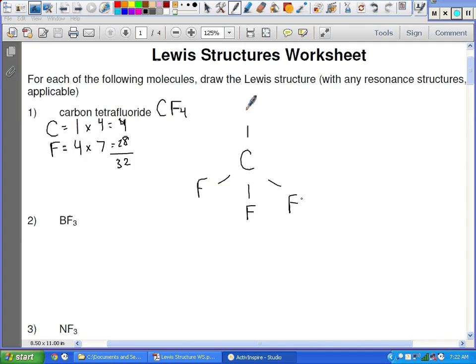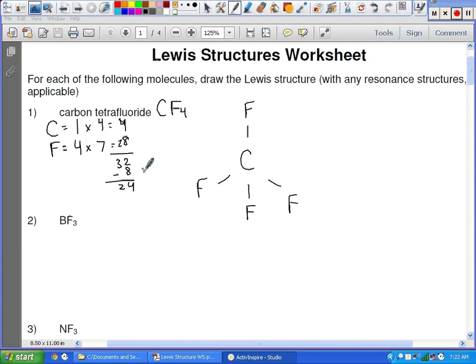So my next step is to connect all the outer electrons and then count the bonds and subtract that from the total. I have 4 bonds, so that's 2, 4, 6, 8 total, which gives me 24 electrons left. My next step is to fill up all the outer electrons with the valence electrons, except hydrogen. Hydrogen is not present here, so that's good.